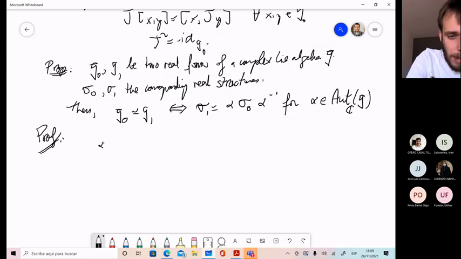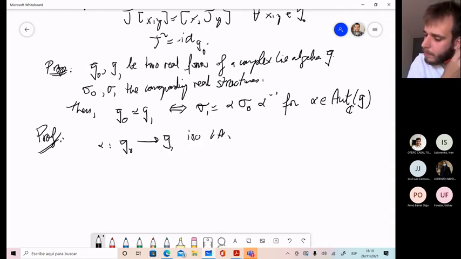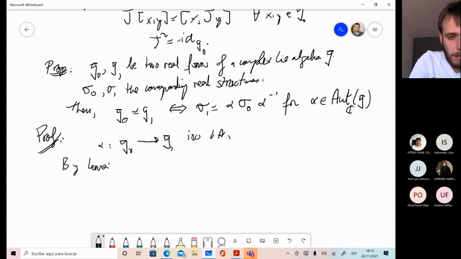So alpha is an isomorphism of Lie algebras. By lemma 1, there is a unique way to extend this to an isomorphism of complex Lie algebras. And since they are real forms, this is going to be an automorphism of g.